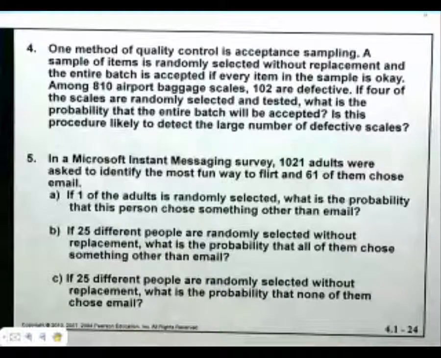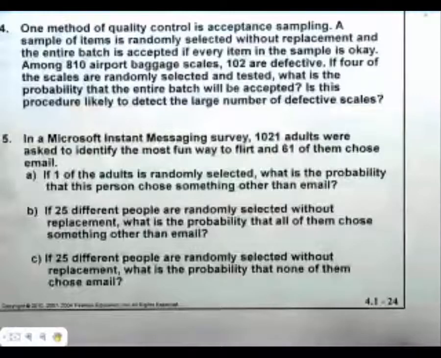Just looking at these numbers, do you think we should accept the whole batch? That's about 12% of them bad. Would my sample of size 4 catch that? That's the question. And rather than just saying my gut says no or my gut says yes, let's find the probability that if we reach in and grab 4, none of them are going to be bad. That's what we're looking for.